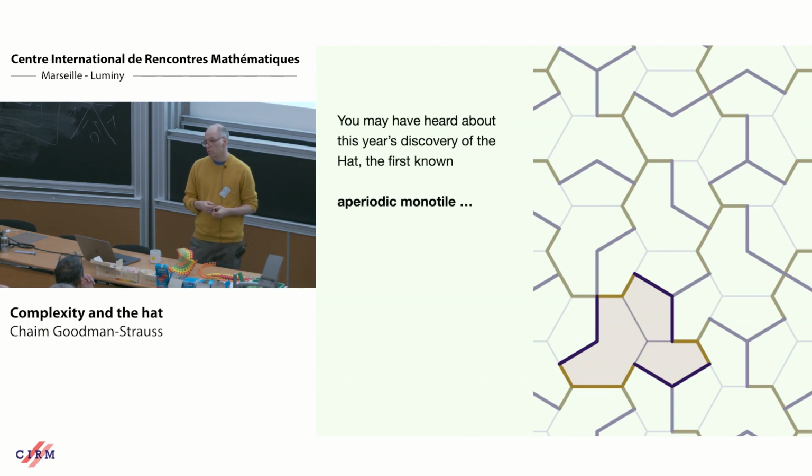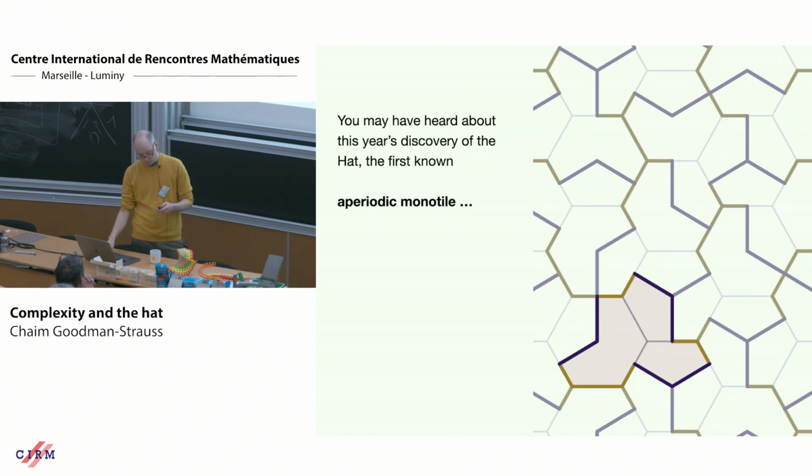So already we can see that this question is so broad as to be sort of meaningless, I suppose, on one end, because it encompasses all of math. But very compelling. So in any case, you might have heard about this. This is the first known aperiodic monotile, which I'll define shortly.